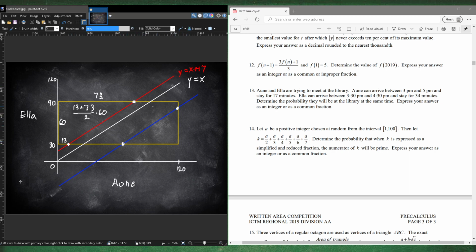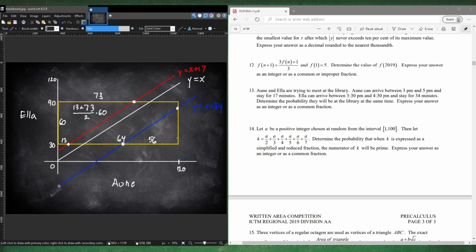Okay, now what's this? Well, this is y. I forgot to write the equation. y equals x minus 34. And we could say that this is when y is equal to 30. So x minus 34 equals 30. So x is equal to 64. So this distance is 64, so to get to 120, we need to go by 56 as this distance.